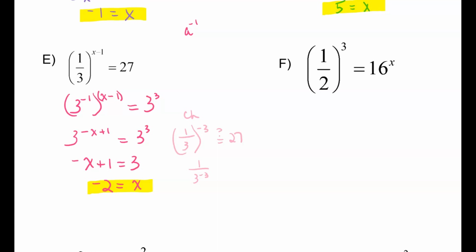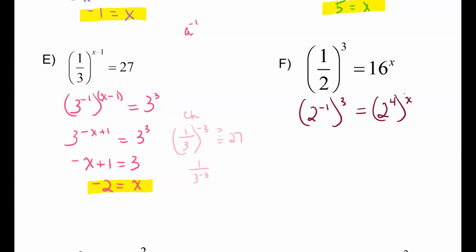We've got the same situation in F. I've got that 1/2. So what can I restate the 1/2 as? 2 to the negative 1. So we have 2 to the negative 1 being raised to the 3rd power. And 16 we will restate as 2 to the 4th, all to the x.